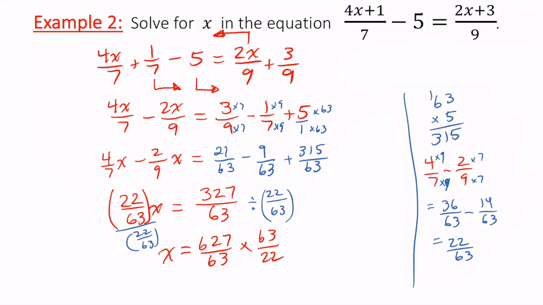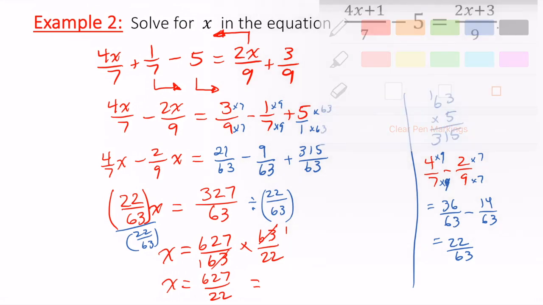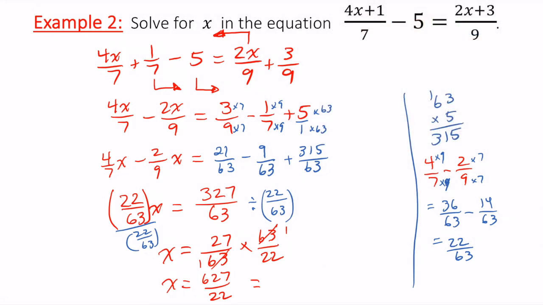And we can continue on here. I see 63 is going to be a factor in both. So x equals 627 over 22. And I'm not 100% sure how many times 622 goes into 627. But if we were to complete this, oh sorry, this shouldn't be 627, this should be 327.